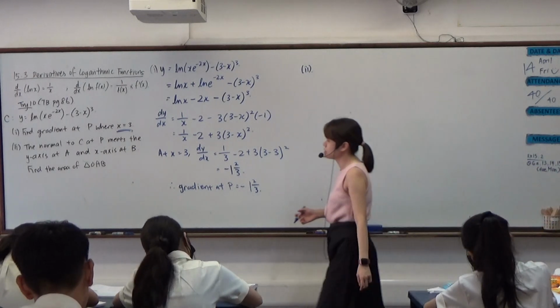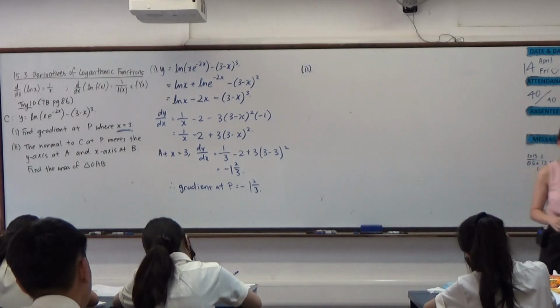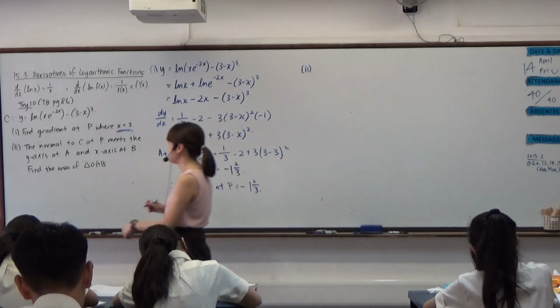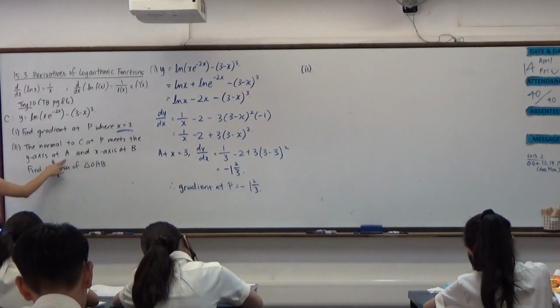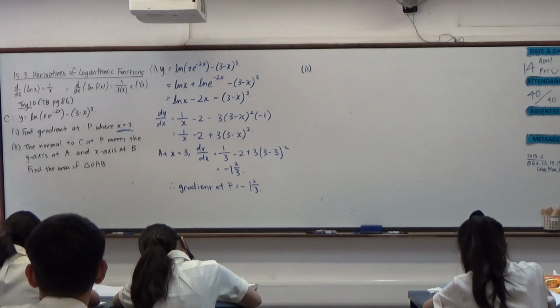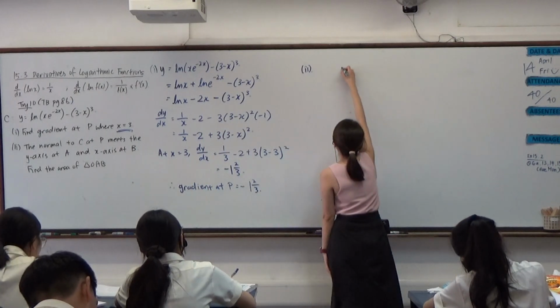A typical question is to know how to answer part 2. Part 2 says that there's a normal to C at P that meets the y-axis at A and the x-axis at B. To understand this question, you may wish to draw a diagram.